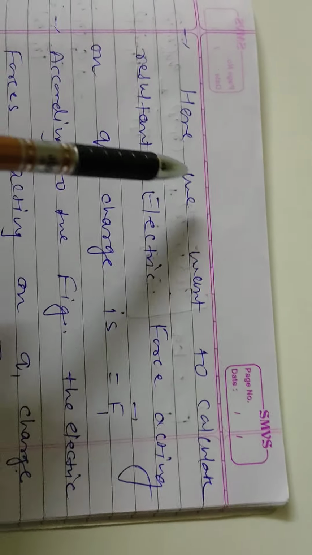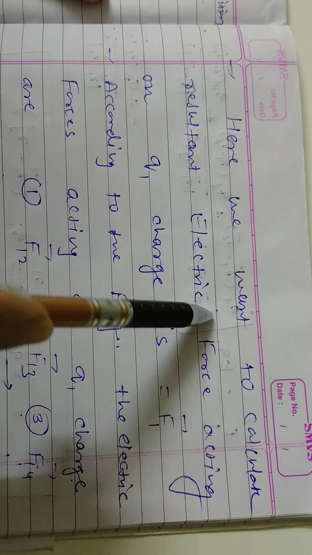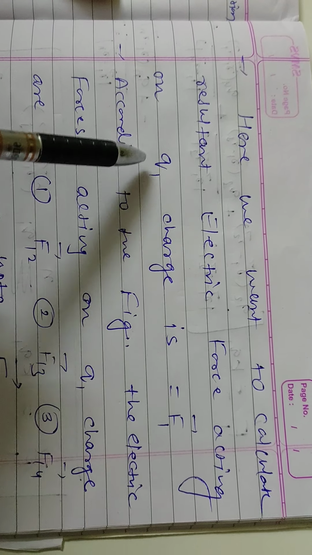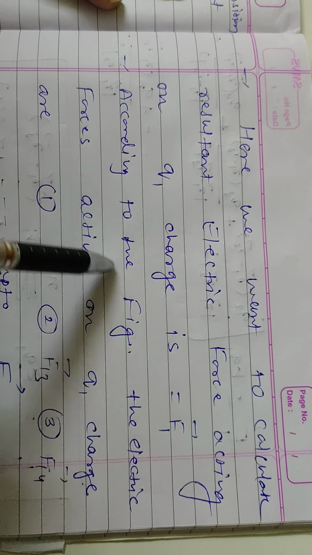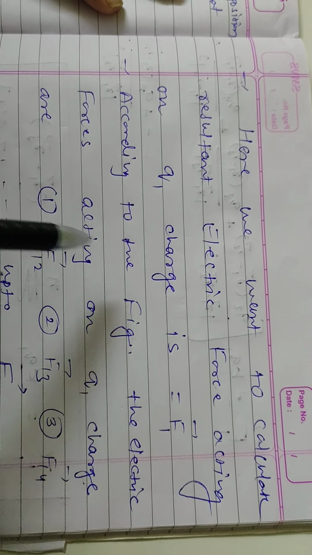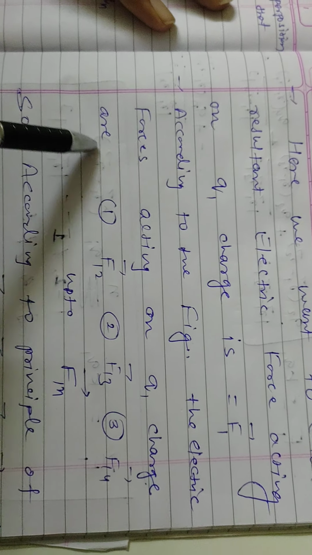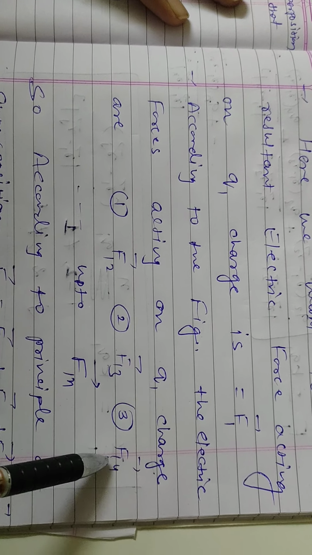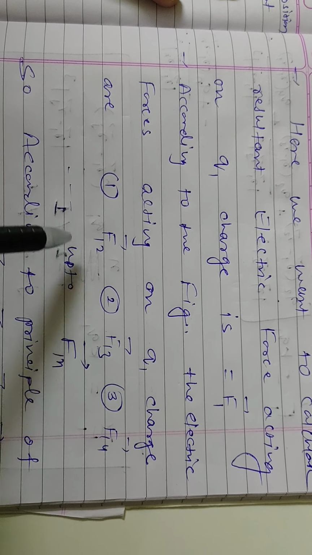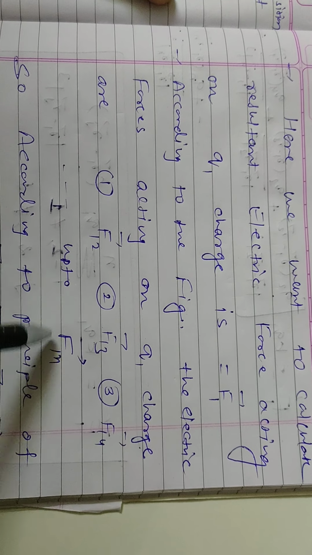Now, here we want to calculate the resultant electric force acting on Q1 charge, which is denoted by F1. According to the figure, electric forces acting on Q1 charge are, first one is F12, second one is F13, third one is F14, up to F1n.